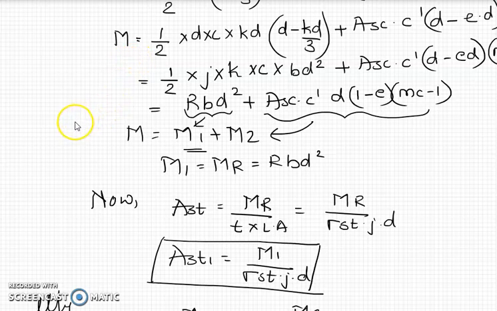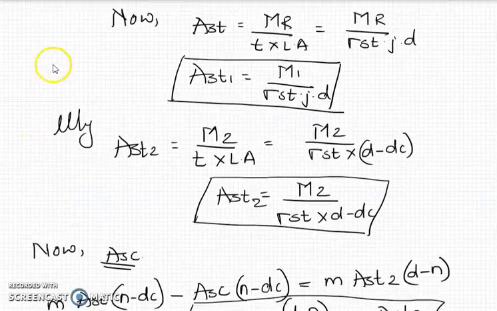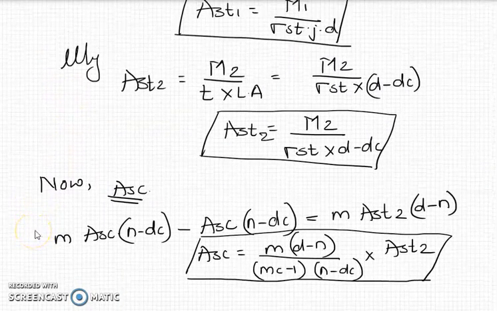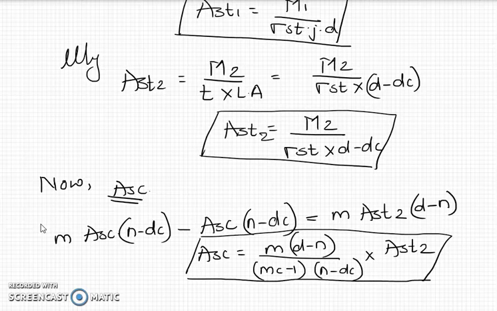Okay, so these equations are very important for solving numericals or designing a doubly reinforced section. So please go through this derivation properly. From the exam point of view, this derivation can be asked as a question of 10 marks. So you need to know this thoroughly, and also to solve numericals you need these equations. Thank you.